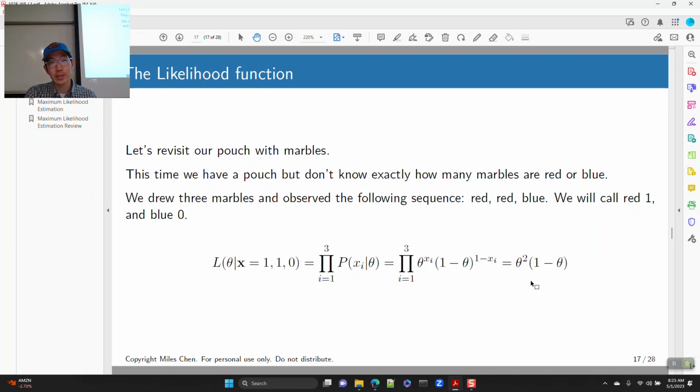I think the part that's sometimes confusing is that the probability function and the likelihood function are the same. You're using the same theta times 1 minus theta and all of these things. It's just about what perspective we're taking. Now the 2 reds and the 1 blue are fixed, and theta is the value that can change.